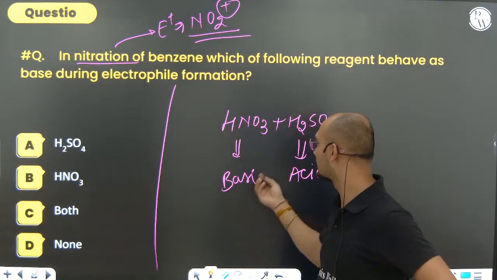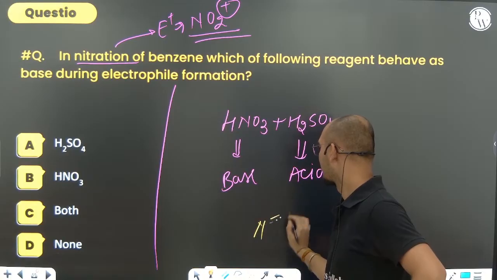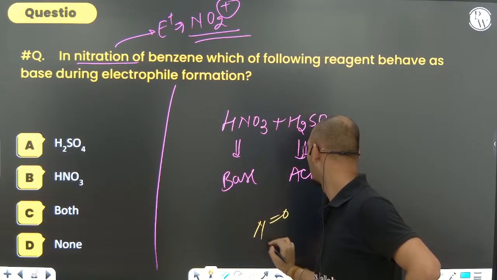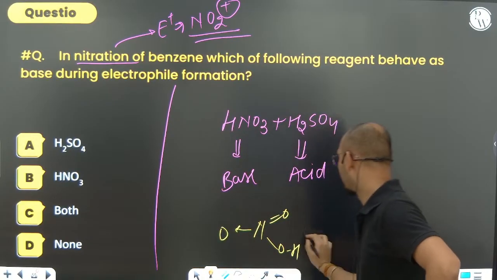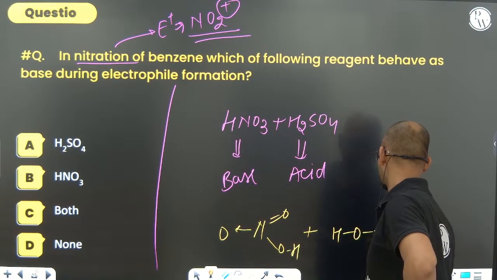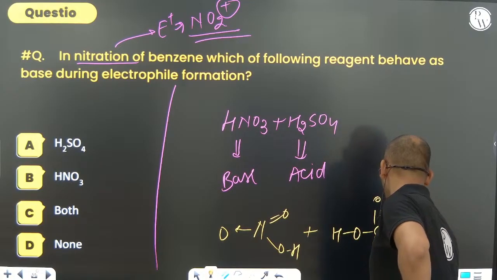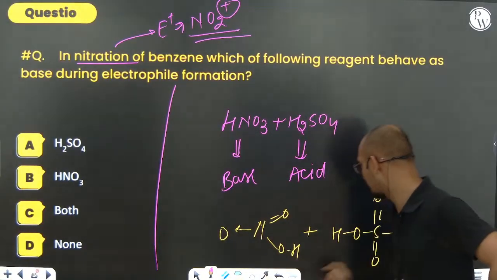So basically this will be something like that: HN double bond O H and O, and there is H2SO4. Which is the acid? H2SO4 is the acid. If H2SO4 is an acid, what will happen?